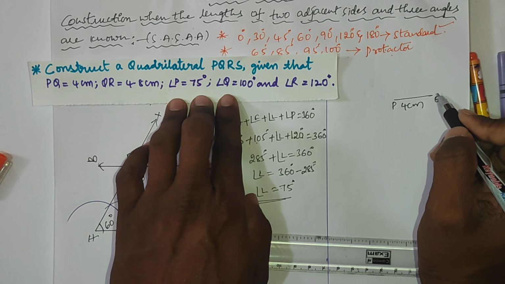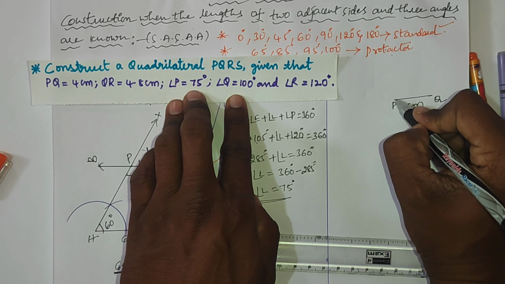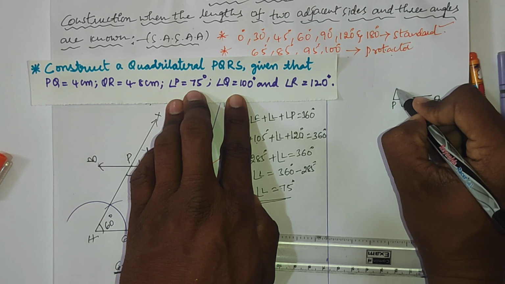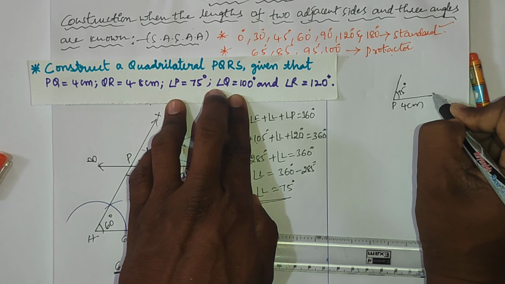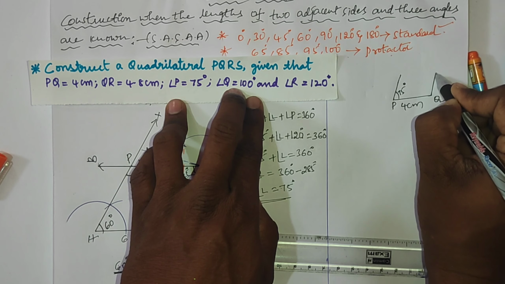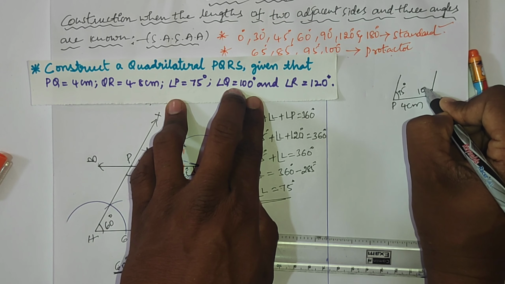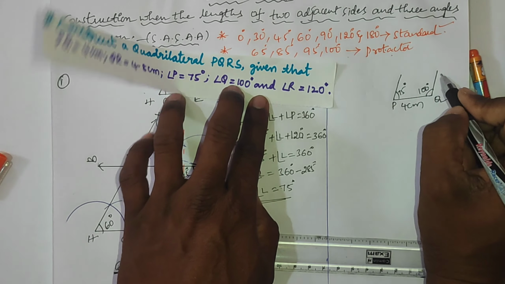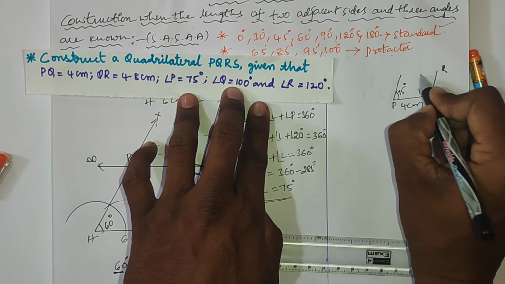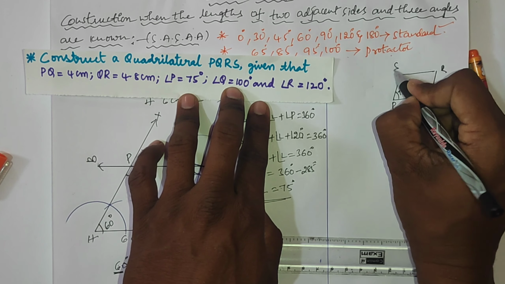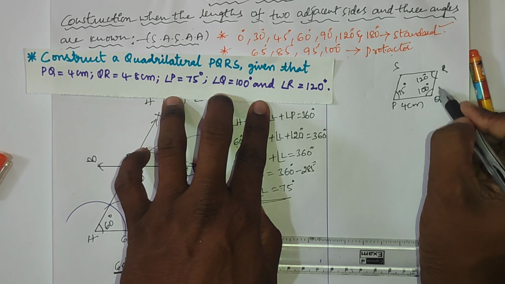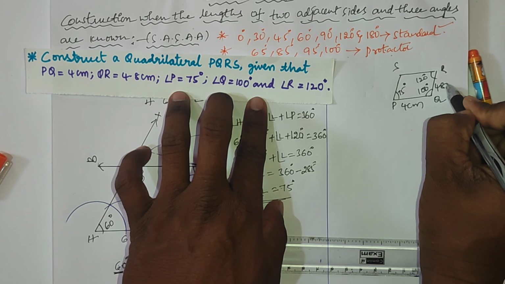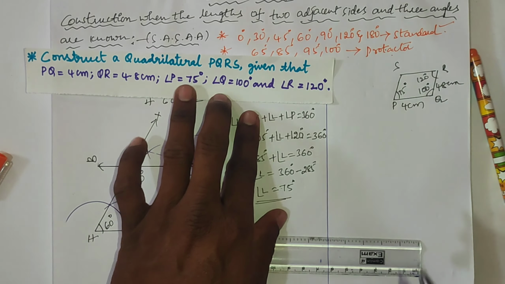And angles given: angle P as 75 degrees, and angle Q is 100 degrees, and angle R, PQRS, angle R given as 120 degrees, and QR given as 4.8 centimeters. So this is a rough sketch.